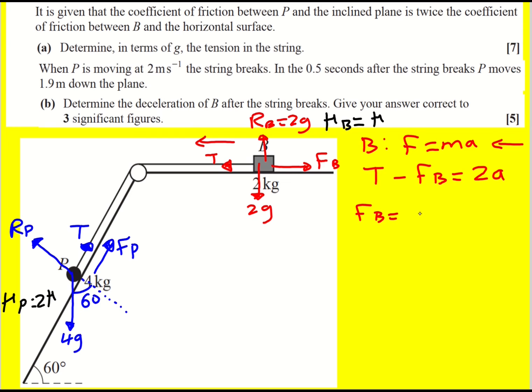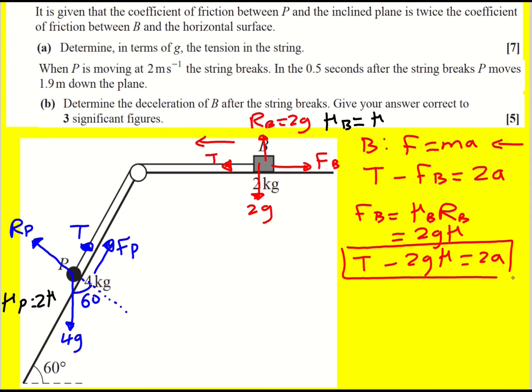So that means that FB, which is equal to mu times RB, is actually going to equal 2g mu. So T minus 2g mu is equal to 2a. And this is an important equation, so although it's not my final answer, I'm just going to put a box around it just to highlight that.